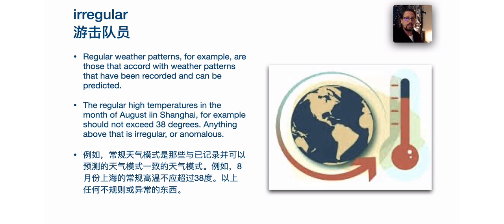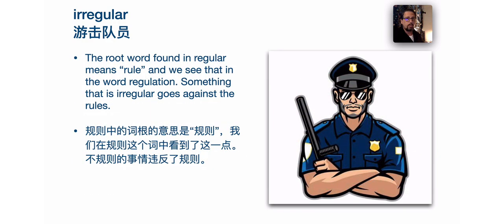The regular high temperatures in the month of August in Shanghai, for example, should not exceed 38 degrees Celsius. Anything above that is irregular or anomalous. The root word found in regular means rule, and we see that in the word regulation. So something that is irregular is something that goes against the rules.